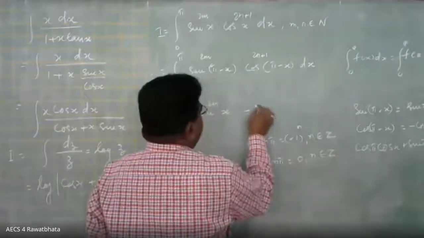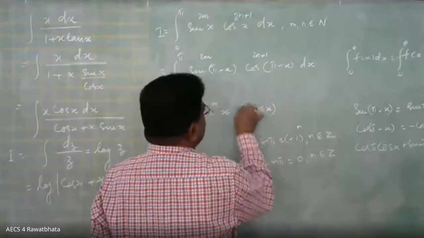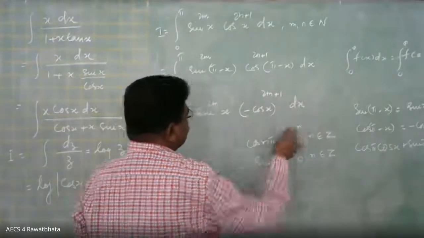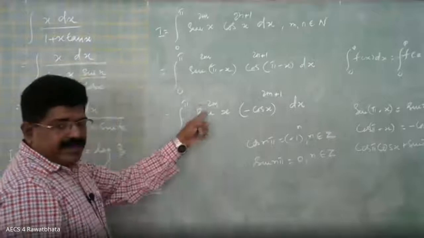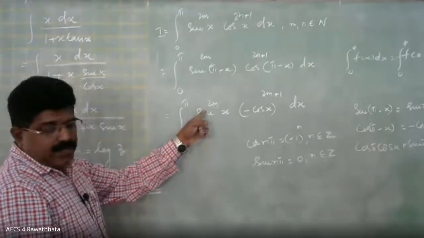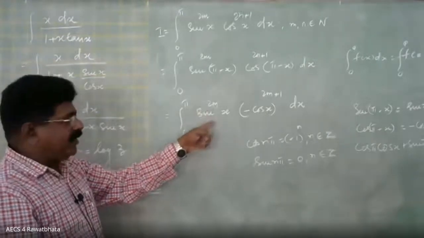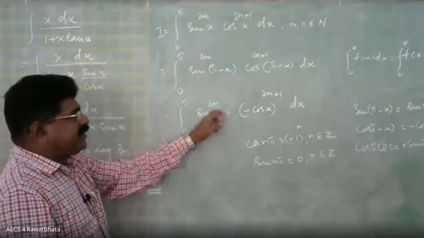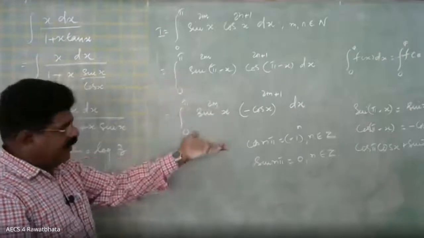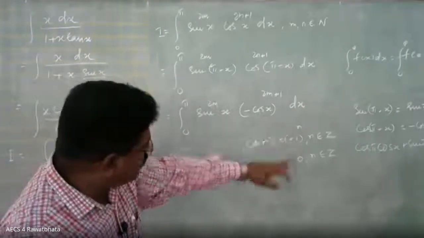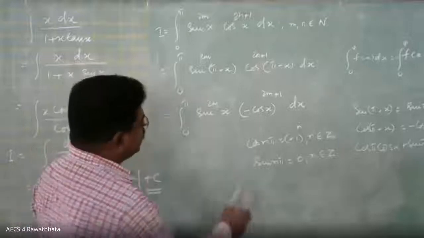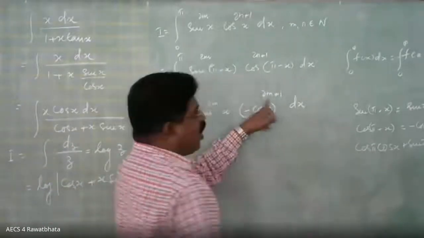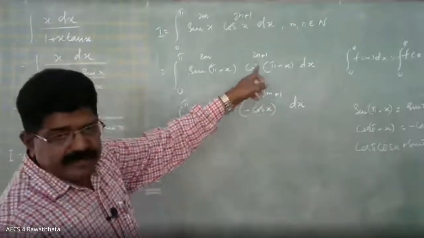So here it is minus cos x the whole to the power 2n plus 1. The power 2m is even, so sin pi minus x to the power 2m is positive only. The cos part is minus cos x, and moreover the power is odd.